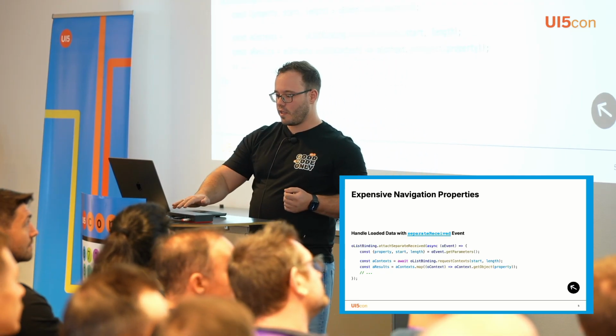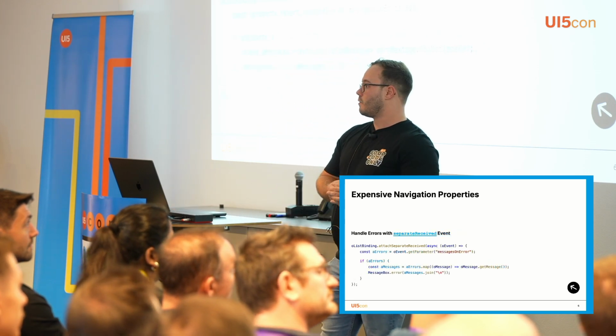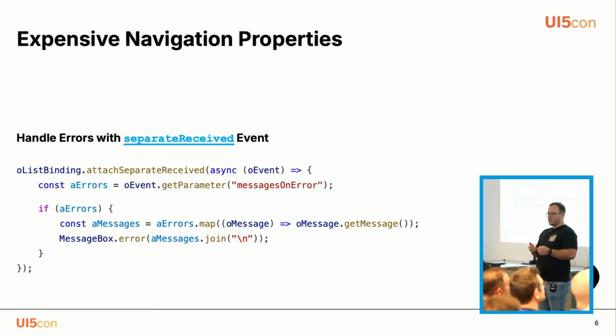Or another use case of this event is error handling. So in this event, there's also a parameter given, the messages on error, and this contains all the error messages that would be provided by a failed expensive backend request. These error messages could then, of course, be used, for example, to show them in a message box or to do any other error handling.